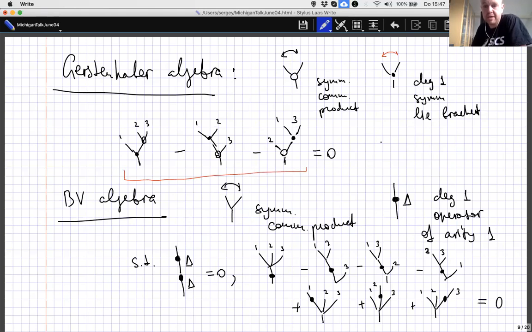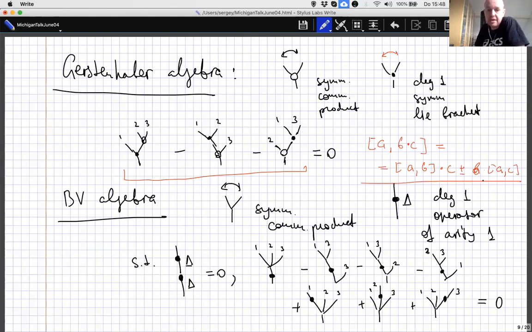So maybe if I apply, for instance, A to B times C, in the usual case, when we think about the Schouten bracket and the product of polyvector fields, it is going to be, up to some signs, the bracket of A and B times C plus or minus B times the bracket of A and C, right? That's basically what I want to say. That's the property that we know considering polyvector fields, right?